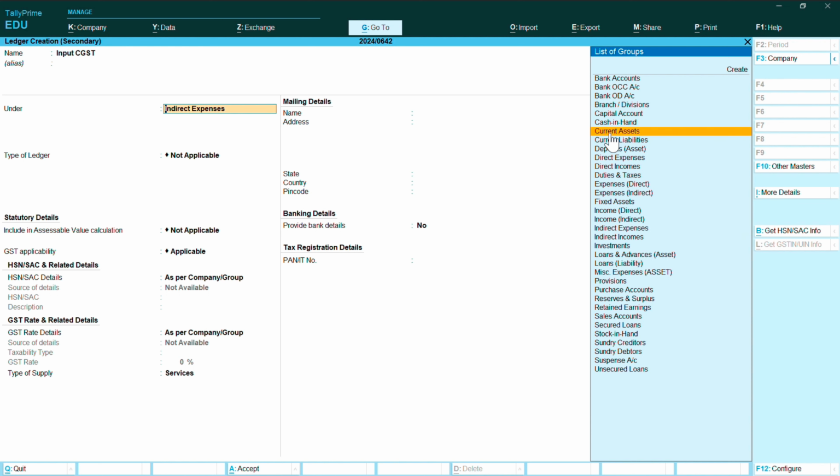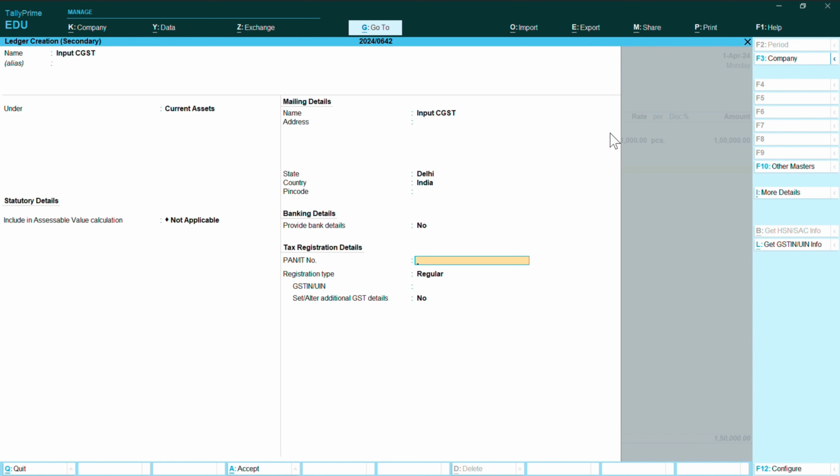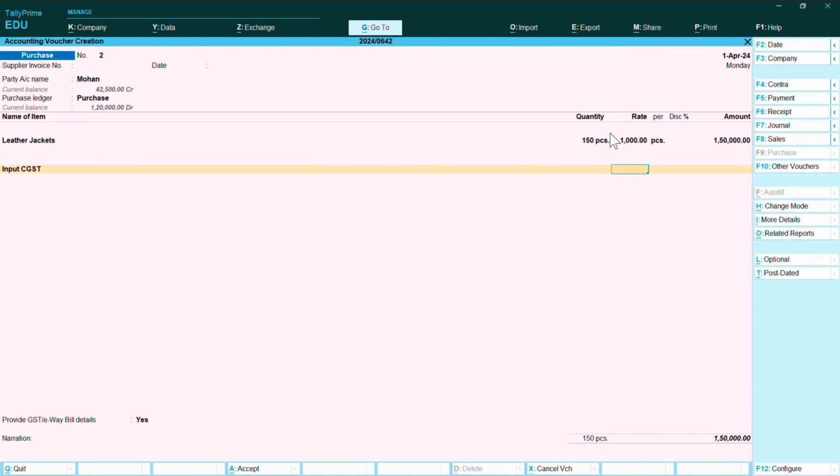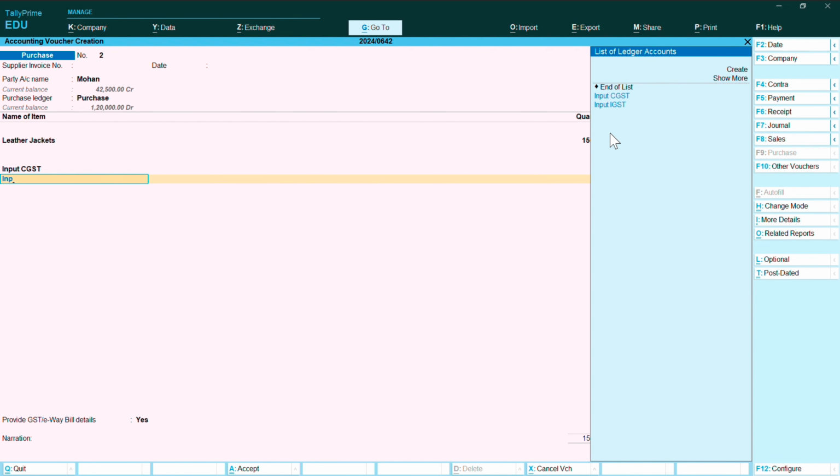Here I have posted all the input GST and output GST in current assets and current liabilities. But please make sure that it is an error according to the teacher. Please post it in duties and taxes, not in current assets and current liabilities. Please make sure of it.